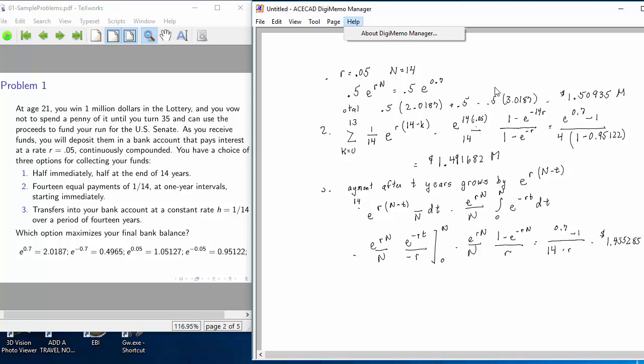This is the worst of the alternatives, and it's fairly easy to see why the third alternative is worse than the second. In the second, you get all the money right at the start of each year. In the third case, it trickles in slowly. I haven't been able to come up with a good intuitive argument that says that the first alternative is the best of the three.